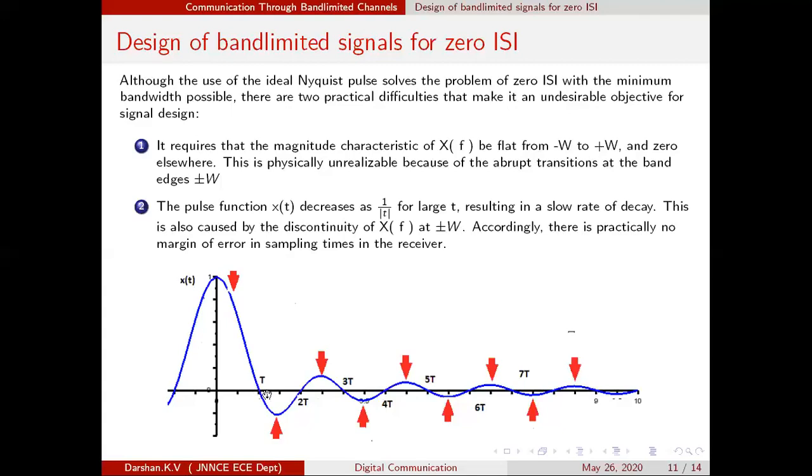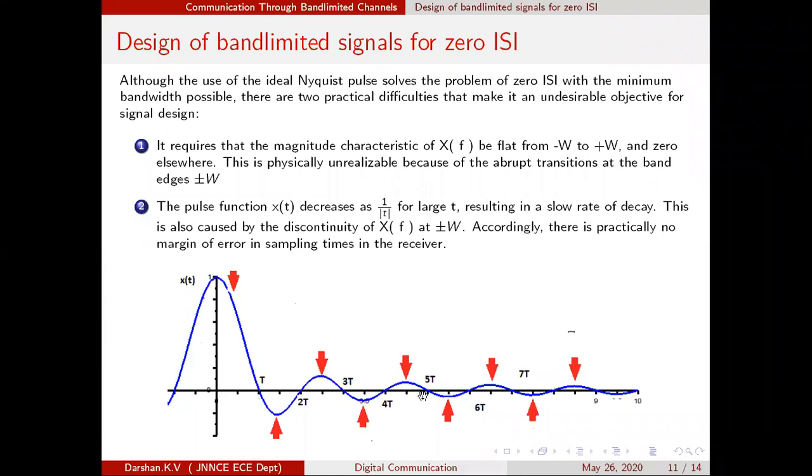That means at higher values of t, the rate of decay, meaning the movement towards 0, is very small. You can observe over here that at lower values of t it reduces to 0 quickly, but at higher values the rate of decay is very small.